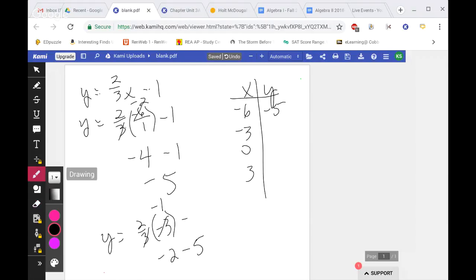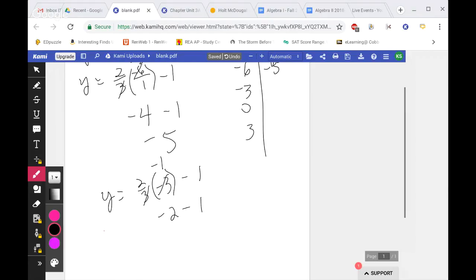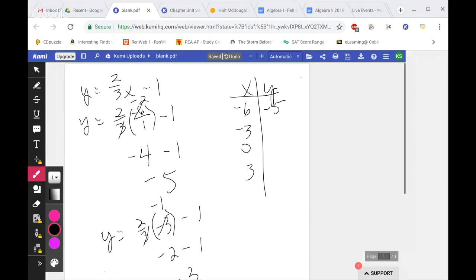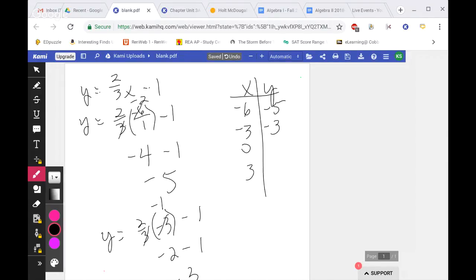I messed that up. I was reading my -5 answer as part of the problem. I wrote the problem down wrong. It's -1 here. My apologies. So that's -3. So I've got 2 points now. I'm going to go back over and fill those in. -6, -5, and -3, -3.